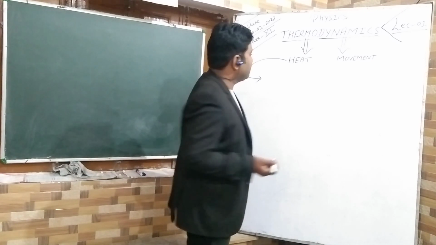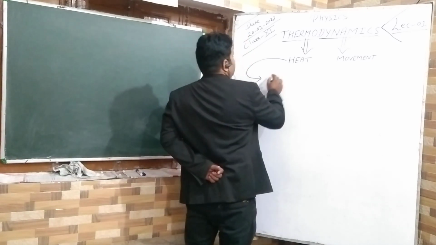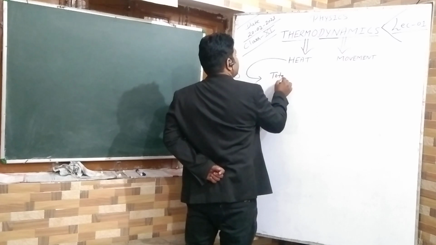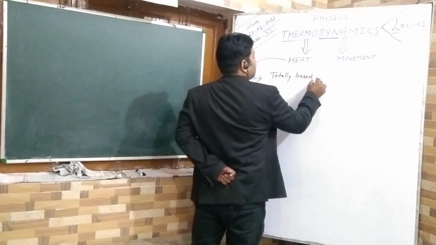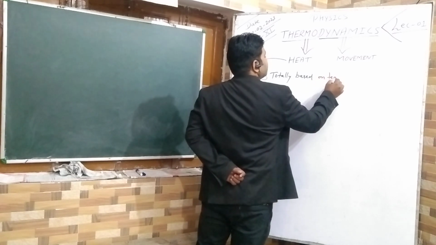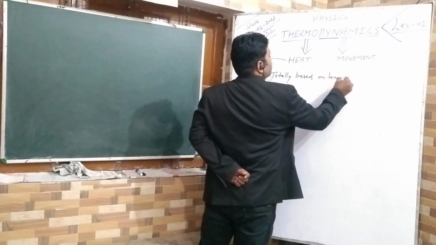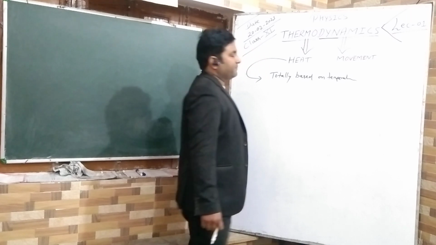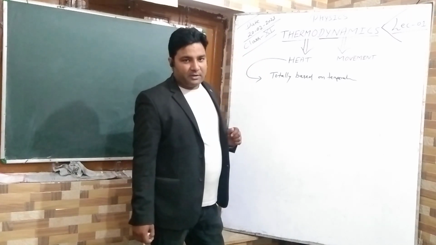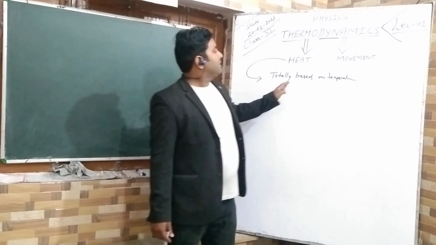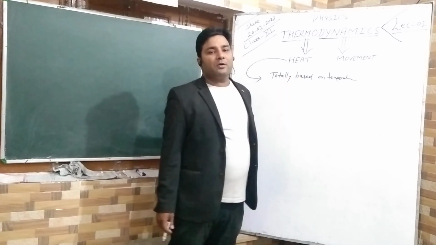If a body has lower temperature, it is cold. It is totally based on temperature. If the temperature of a body is greater, the body is said to be a hotter body, and if the temperature is lower, the body is said to be a colder body.